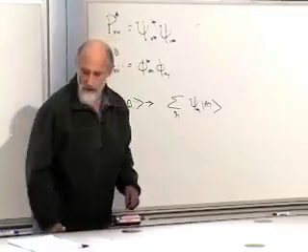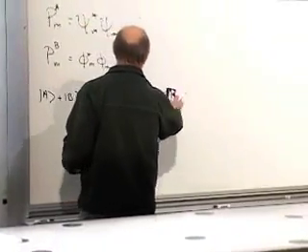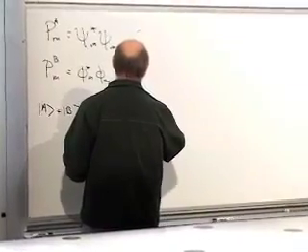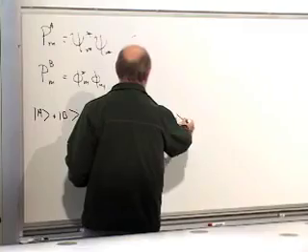I can just represent that by adding psi to phi, so it becomes the sum of psi m plus phi m times m.